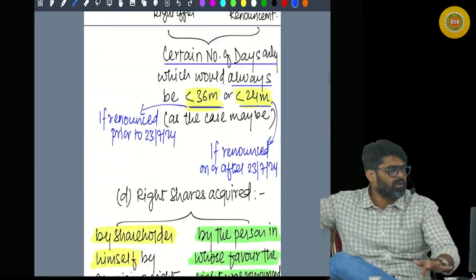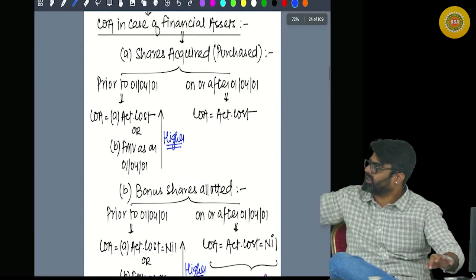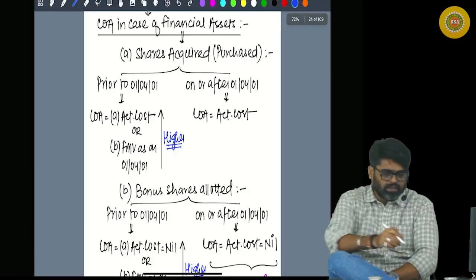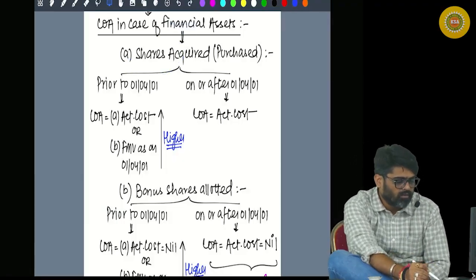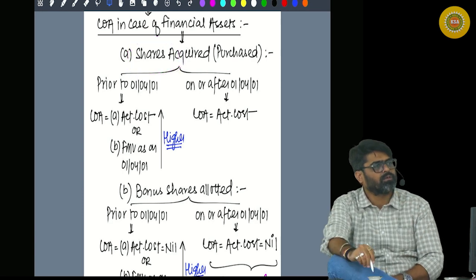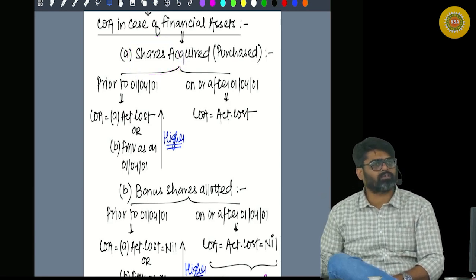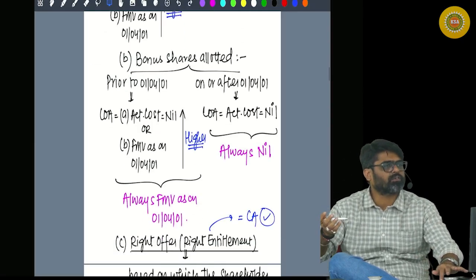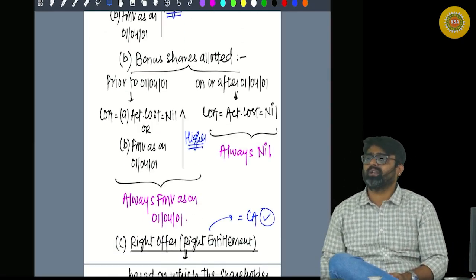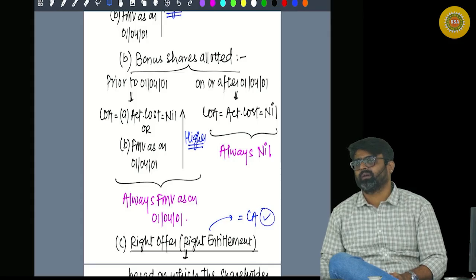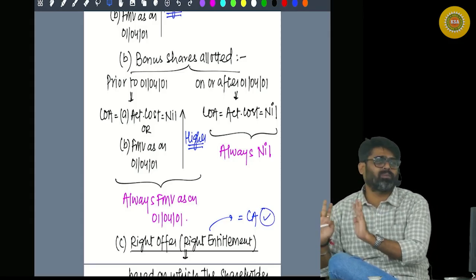Have I told you that the cost will be this only if the shares are listed? Where have I written that the shares must be listed? Come on, tell me. I have just written shares. Whether listed or unlisted, cost will be like this. Bonus shares, cost will be this only, whether listed or unlisted. Right shares, listed or unlisted, cost will be like this.